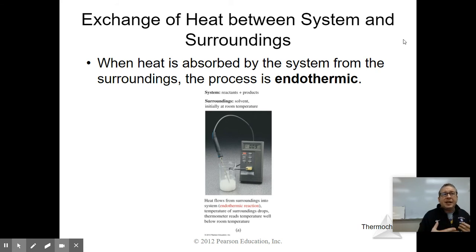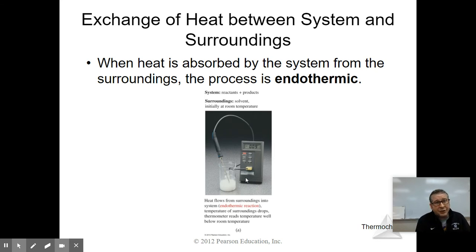When heat is absorbed by the system from the surroundings, the process is endothermic. What's really interesting about this is that when a system absorbs heat from the surroundings, you would imagine that the system would be warm since it's absorbing heat.